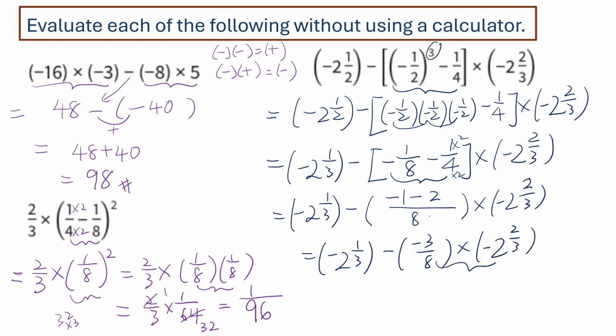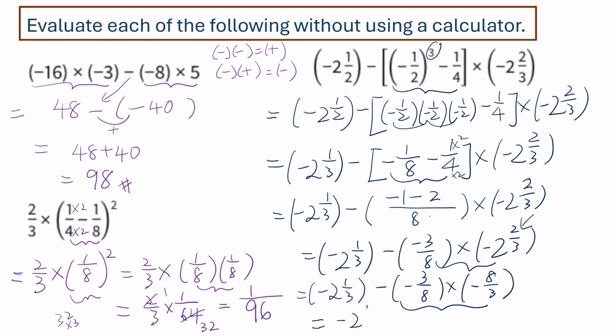However, I would have to change this to a mixed number. And that is negative 3 times 2, 6 plus 2, 8/3. Alright, I have to work this out first. So basically negative 3/8 times negative 8/3 will be 1. So that's negative 2/3 minus 1. And that gives us negative 3 and 1/3.